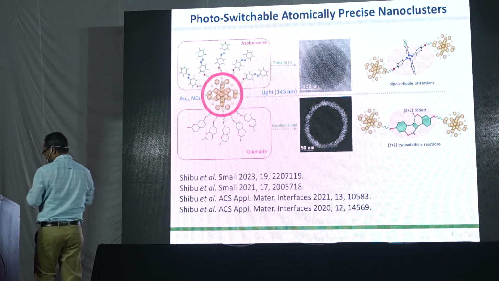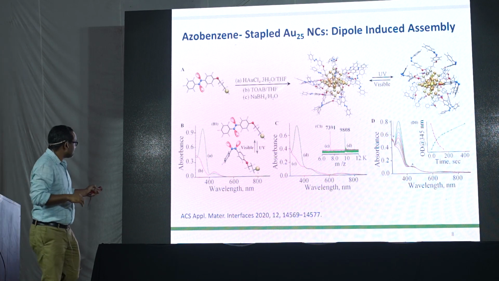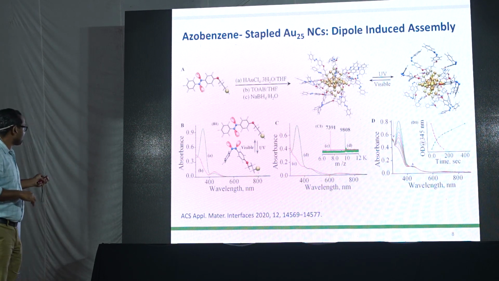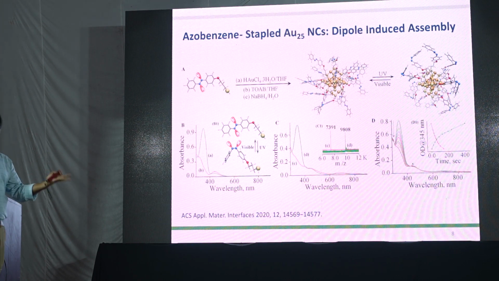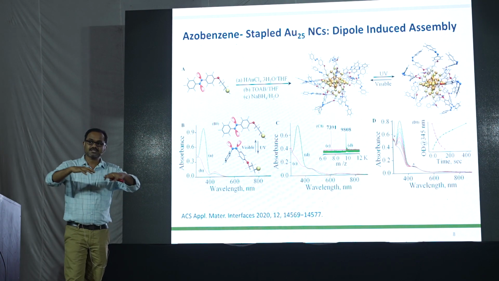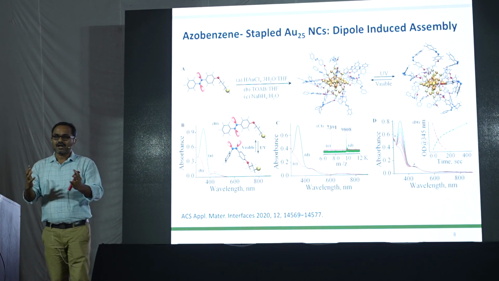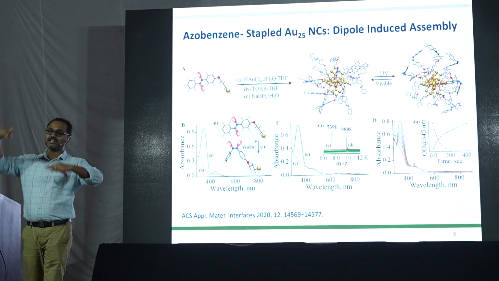For the first case, we synthesized azobenzene thiol molecules and nanoclusters. Basically it will be in the trans geometry, but when you shine 365 nanometer light, the molecule switches to cis geometry, and when you shine 435 nanometer visible light, it goes back to trans geometry.